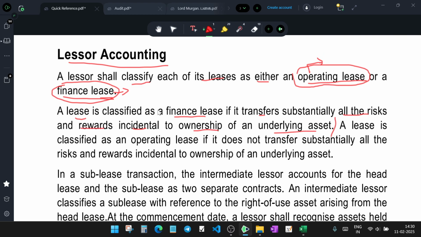So the ownership has been transferred in a finance lease. A lease is classified as an operating lease if it does not transfer substantially all the risks and rewards incidental to ownership of an underlying asset.